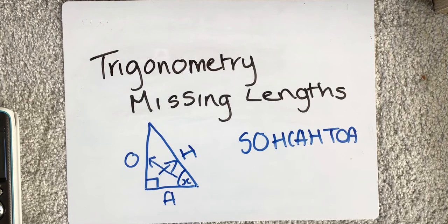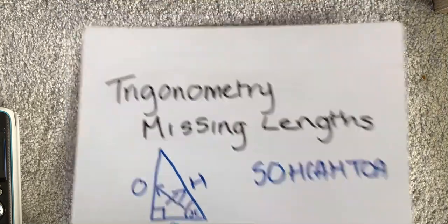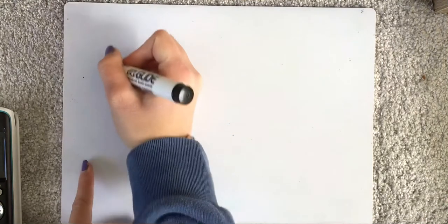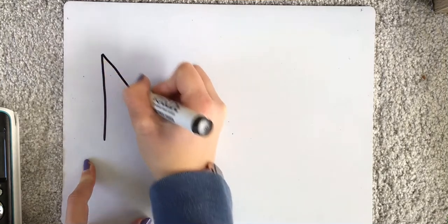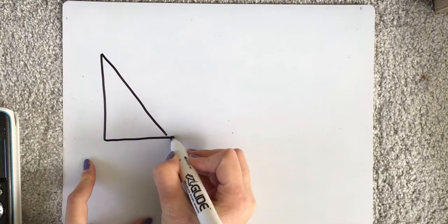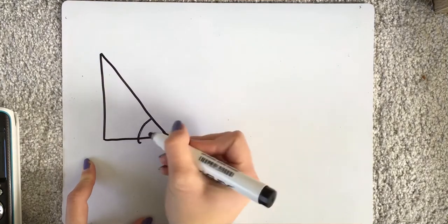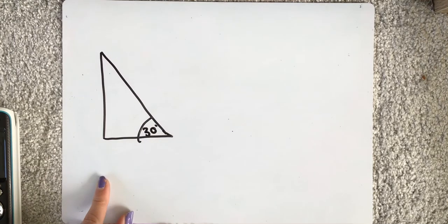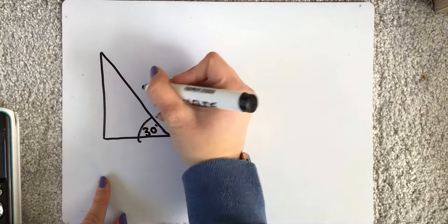So let's have a look at a couple of examples and see what happens. Okay, so if I've got a right angle triangle and it wants me to find a missing length. Now, when it wants you to find a missing length, it will give you one of the angles.